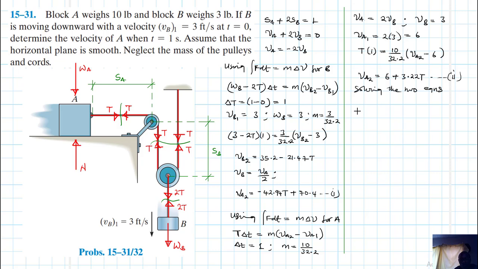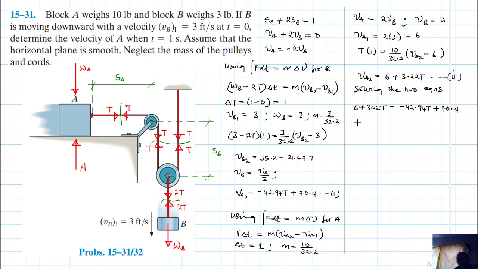we're going to have a minus, this one we worked out properly, right? So solving the two equations, we'll have 6 plus 3.22t is equal to minus 42.94t plus 70.4.